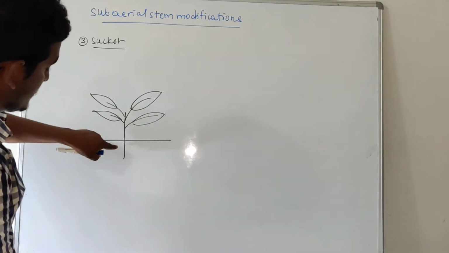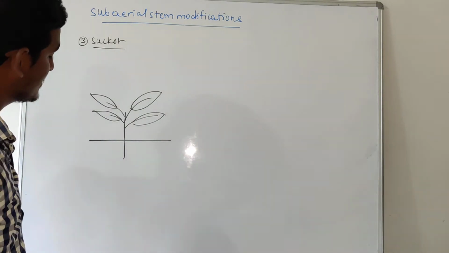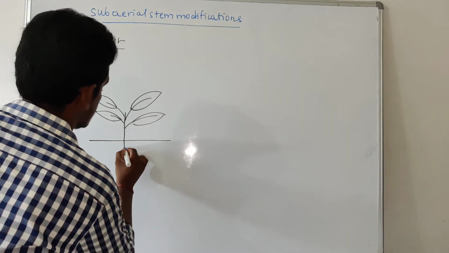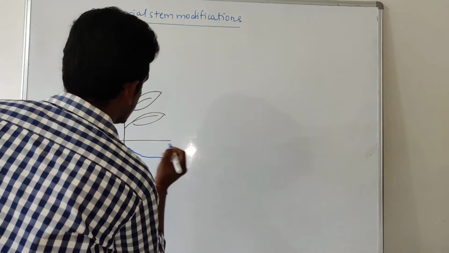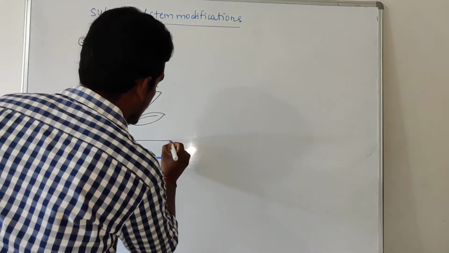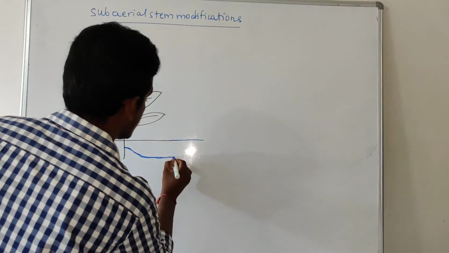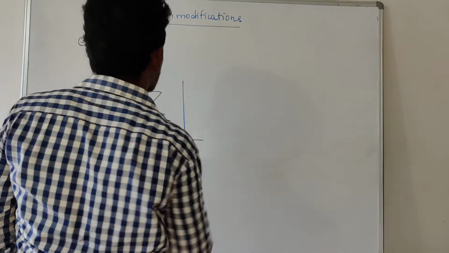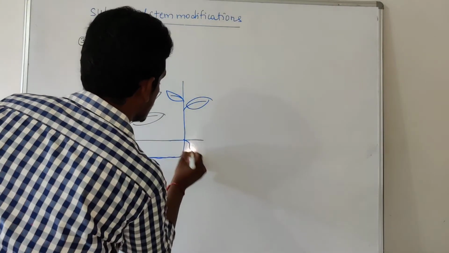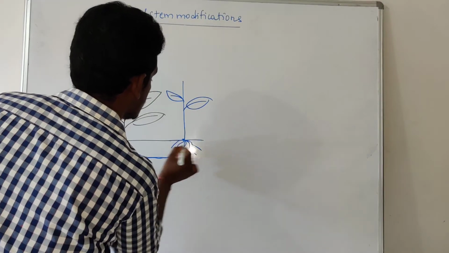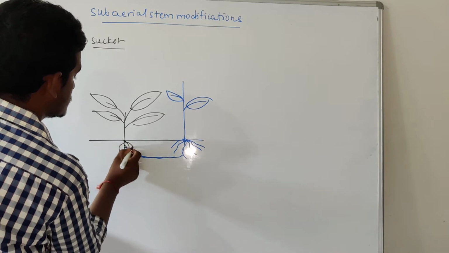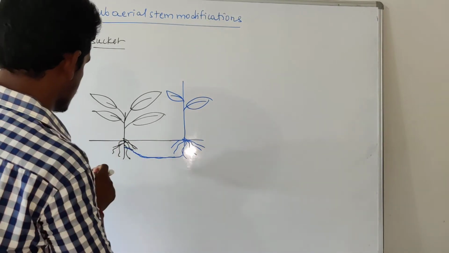The stem portion present inside the soil produces various lateral branches. These branches grow inside the soil for some time. Later they come obliquely outside the soil and produce adventitious roots in this portion, and here also adventitious roots are present.